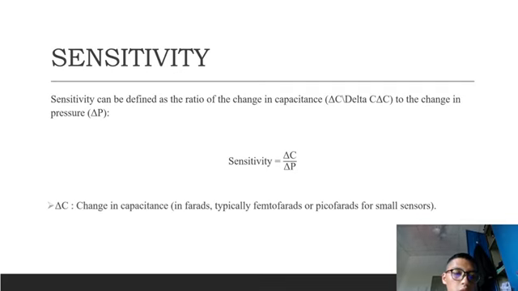Here is the detail of the change of capacitance, and also the change in pressure.